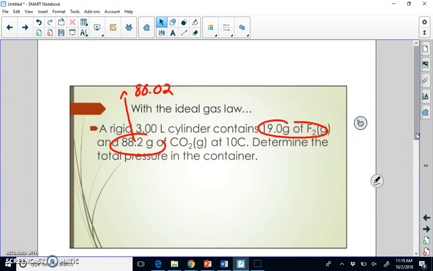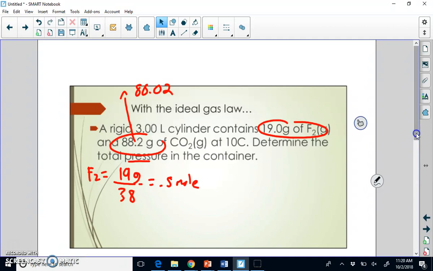So in order to find the pressure, which is what it wants, the total pressure, we need to find the number of moles of both particles. For F2, we have 19 grams of it. The molar mass of F2, remember it's F2, is the molar mass of 1 F, which is 19, and there are 2 of them, so 19 times 2 is 38. And if I did my math correctly, this is half a mole.